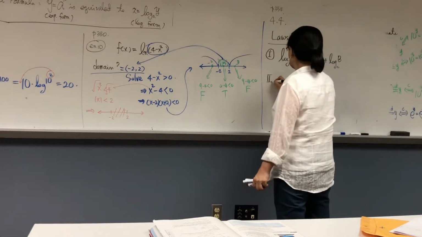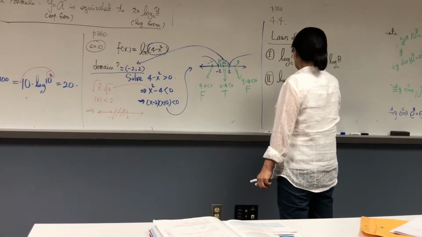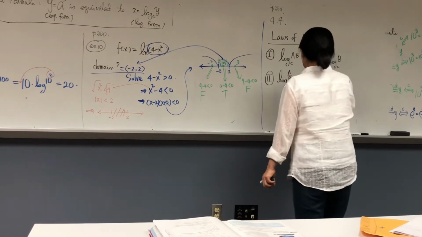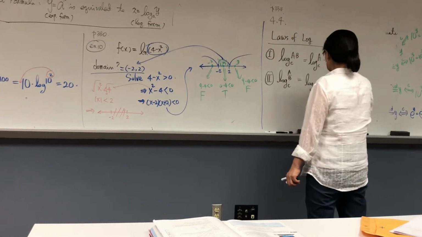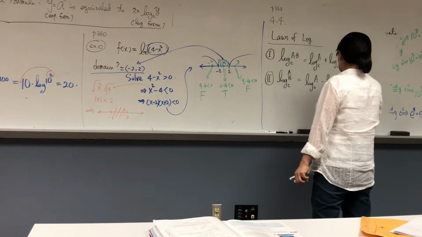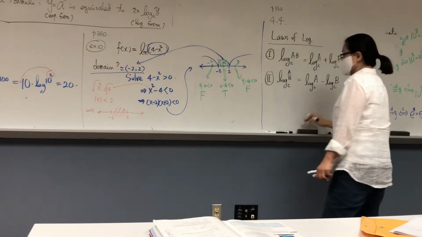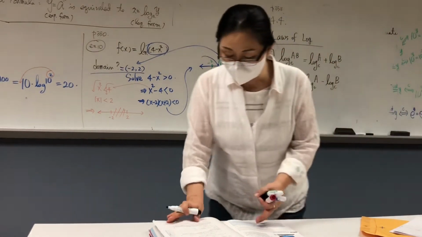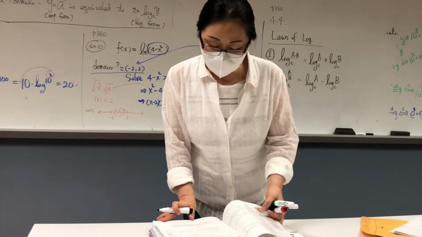Log of c base a over b is equal to log c base a minus log c base b. Subtraction formula, yes? One more, later, page 357.